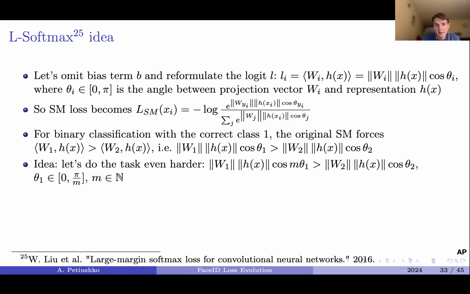And the idea: let's make the task even harder, not just using cosines, but for the correct class using cosine of m multiplied by theta 1, with m some natural number. And also theta 1 is in the closed interval from 0 to pi over m.